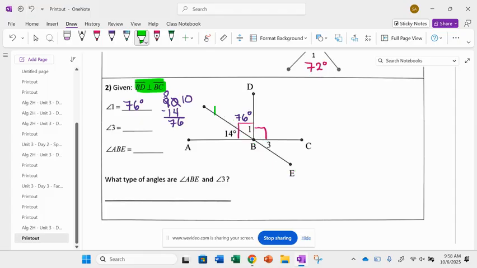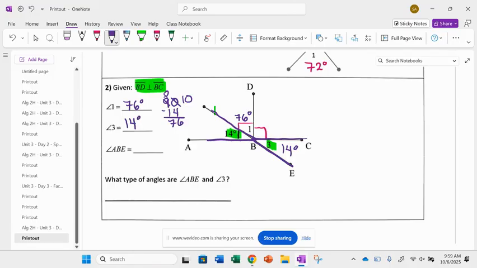So who is angle 3 vertical to? 14. You got it. Angle 3 and 14. They are the perfect beaks. There's 14's beak. There's 3's beak. They love each other. So that means angle 3 has to also be 14 degrees.